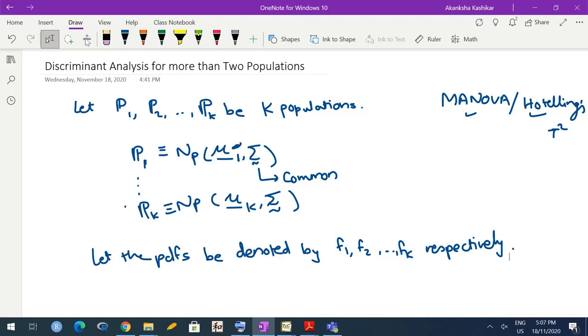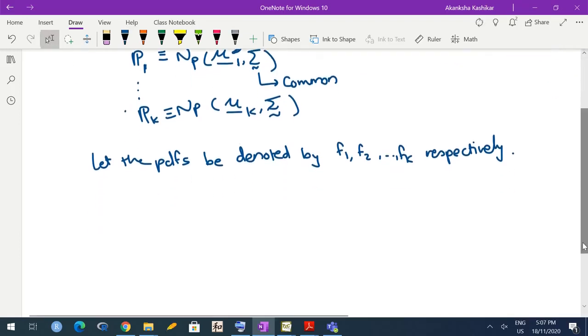This discriminant analysis, as well as the earlier two population case, whatever we are deriving is for the multivariate normal scenario. However, the same principles can be extended for other distributions also. As long as we know the PDF or PMF, we can always apply the same principle and use those PDFs and PMFs instead.